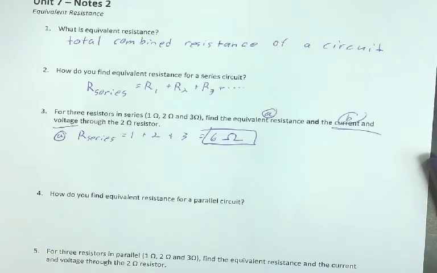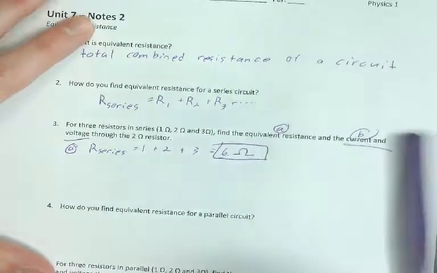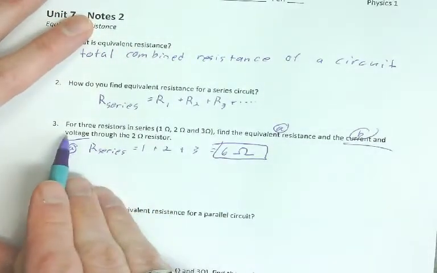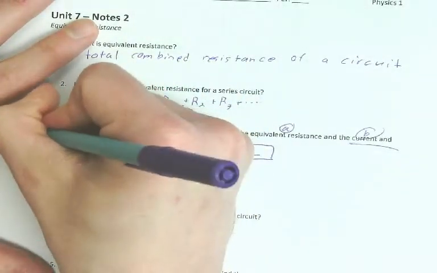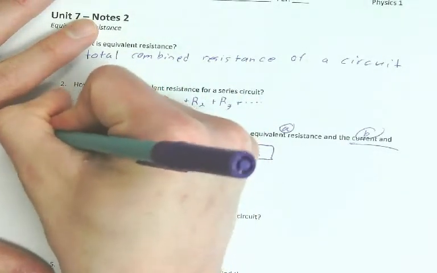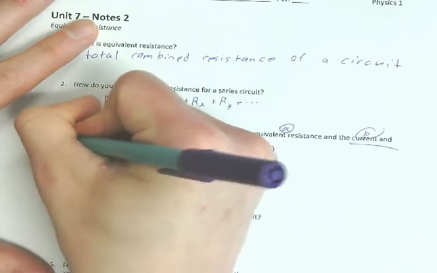Yes, this one. Okay. I forgot to tell you how much the voltage of the circuit is. So let's tell you what the voltage of the circuit is. So the voltage of the circuit is 3 volts.